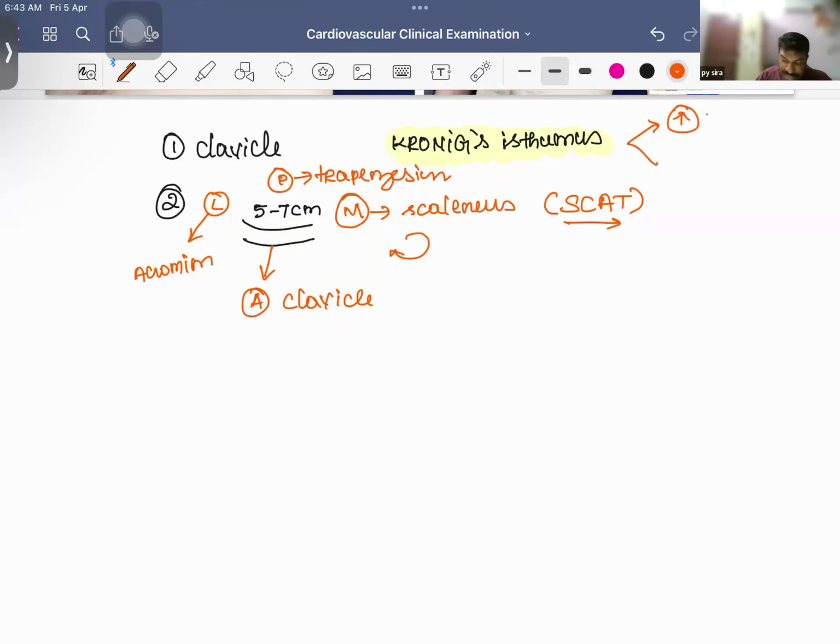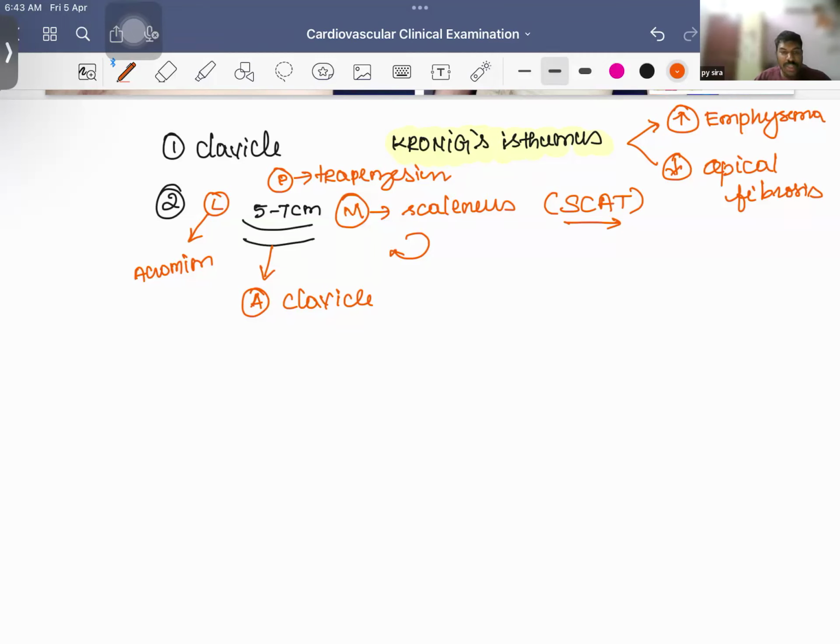Whenever it is decreased, it indicates apical tuberculosis or apical fibrosis. So this is very important. It is a band of resonance of 5 to 7 centimeters.